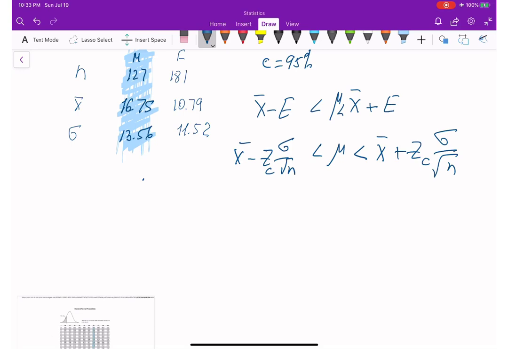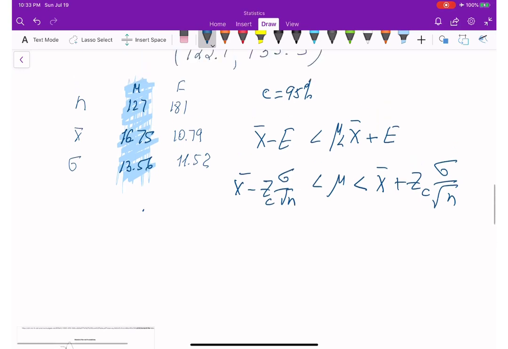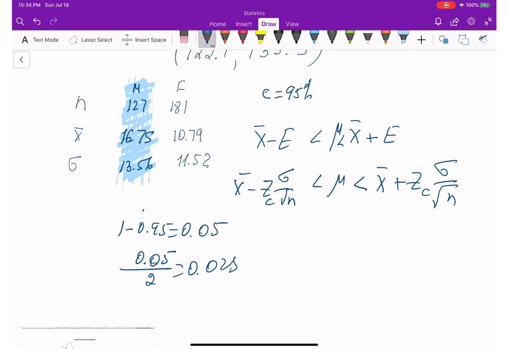So what do we have here? We need to find Z critical first of all for 95%. Okay, we have done it, but let's do this again. For 95%, 1 minus 0.95 is equal to 0.05. And 0.05 divided by 2, we get 0.025.